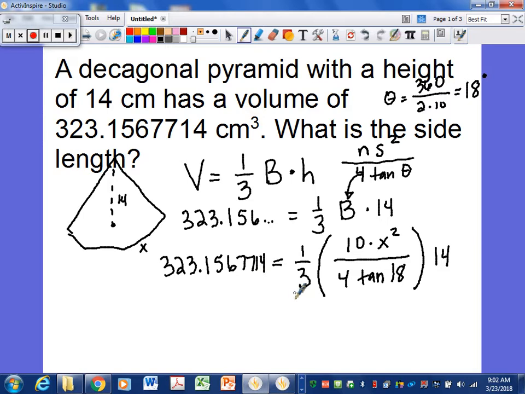So all we have to do is solve this for x. So simplifying the right side, I have 10 times 14, which is 140x squared in the numerator. And in the denominator, I have 3 times 4, which is 12, times the tangent of 18. And that's supposed to equal this volume.